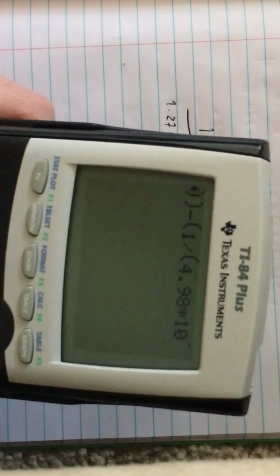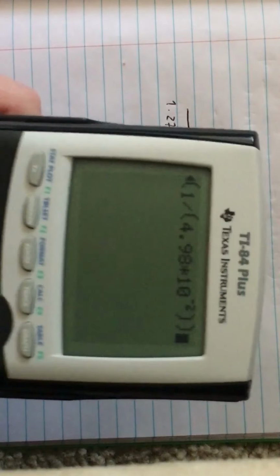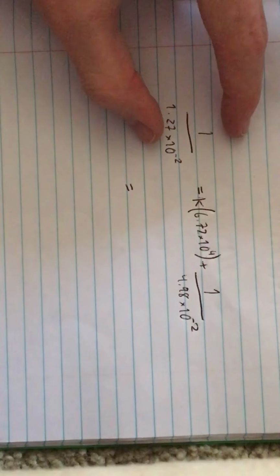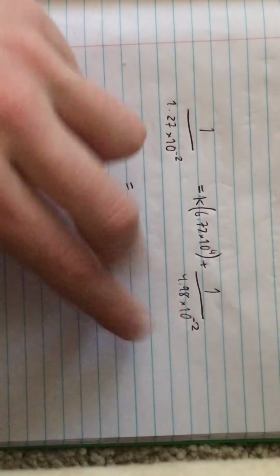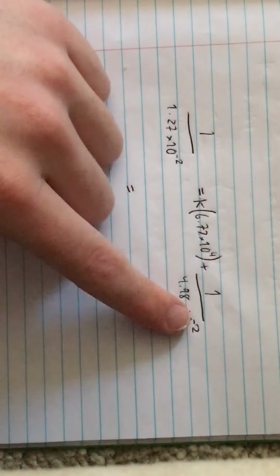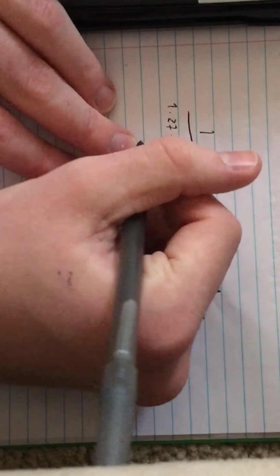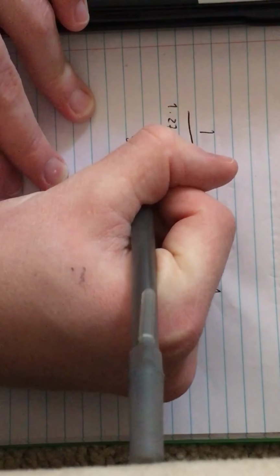So basically, I took this fraction minus this one. Got it? I put that in my calculator, and I get 58.66 rounded.